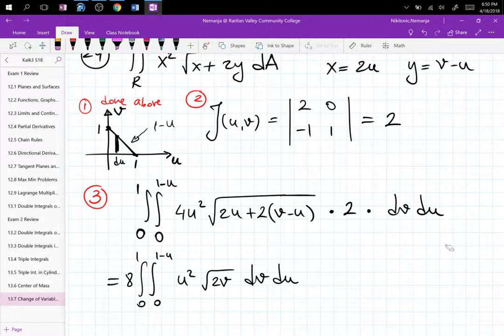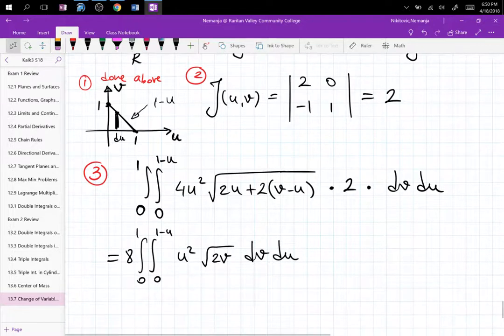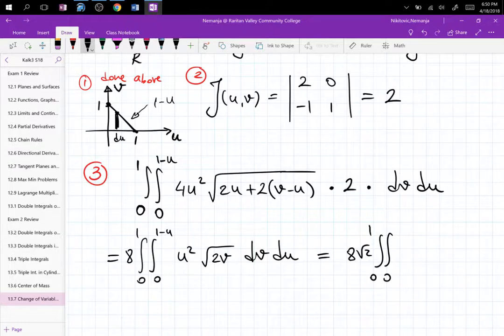So now we have to integrate. I am going to kick square root of 2 outside as well. So we have 8 root 2, double integral, 0 to 1, 0 to 1 minus u, squared, square root of v.